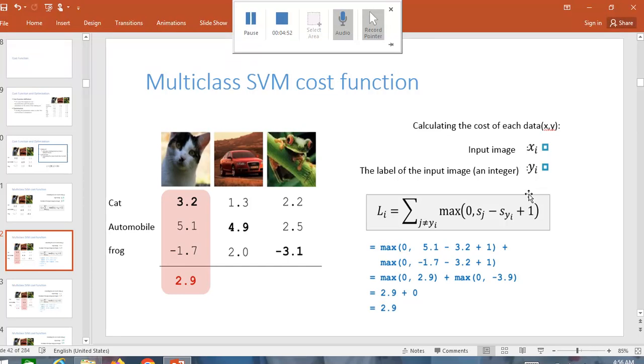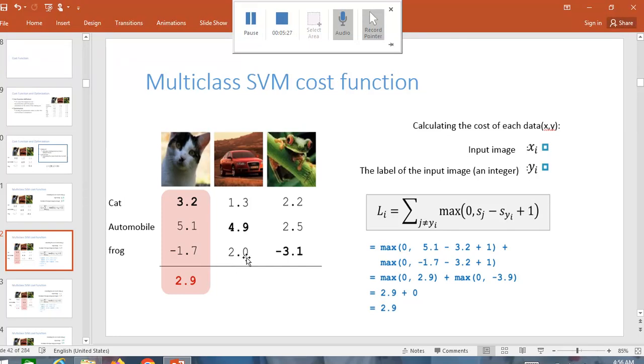For example, here the correct class is the car class. We check that this 4.9 is more than 1.3, so there is no error. 4.9 is also more than 1 plus this 2.